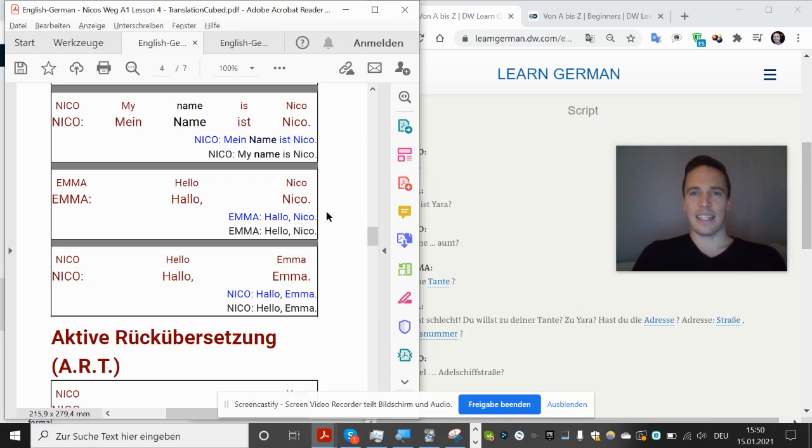But even that is seen as somewhat too formal in everyday German. In over 10 years in Germany, I have rarely heard people, especially in their 20s, say schön, dich kennenzulernen. They usually just say hallo. That's why here they're simply saying hallo. It's the equivalent of saying nice to meet you, Nico, nice to meet you, Emma.